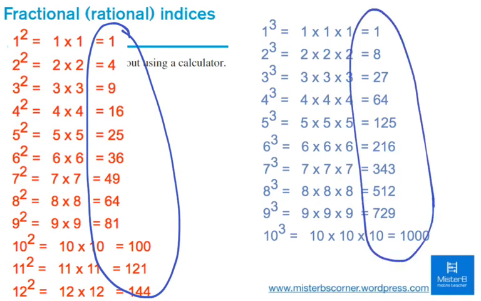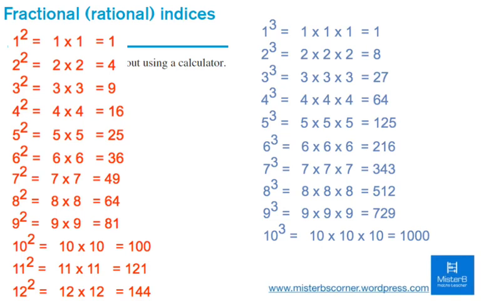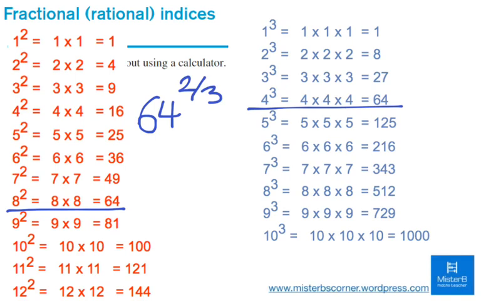If you improve your number sense like that, then it will be easier to think about which numbers you would use to simplify 64 to the power of 2/3, because then you're going to choose this one instead of this because of this denominator here.